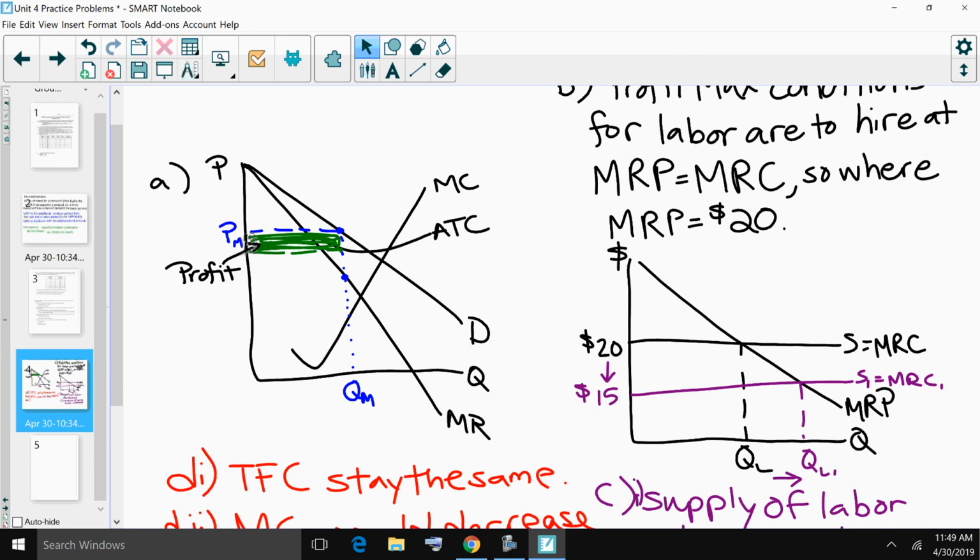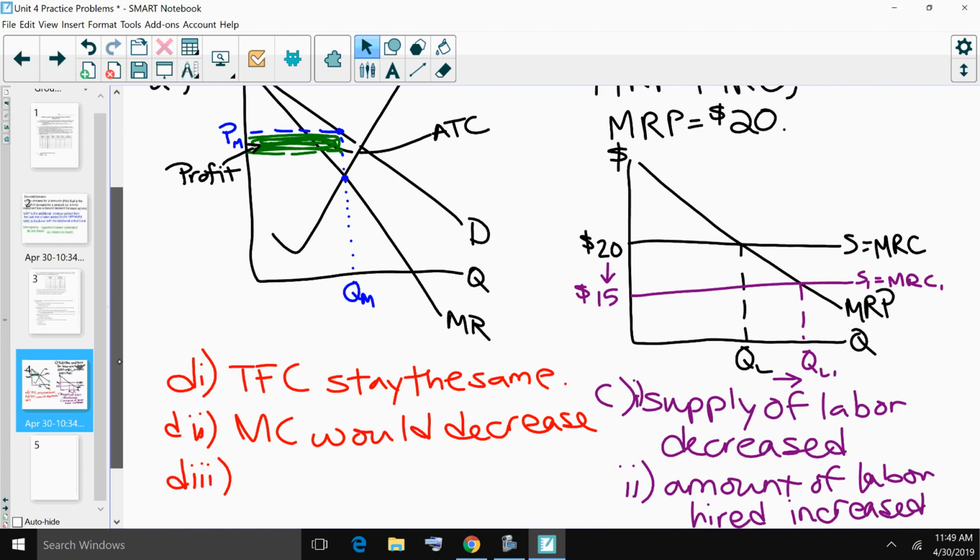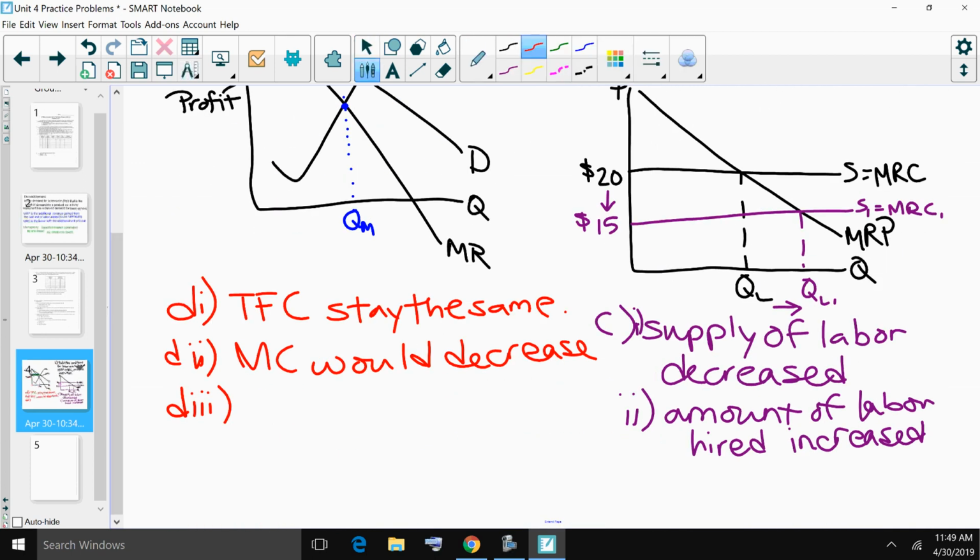That means we would have a lower price because at this new MR equals MC point, our price would be lower. Okay, so the price of the product would go down. I'm going to try and put this back where it was to start so I don't mess everybody up, but you can kind of get an idea of how I found that answer. Okay. So now I know that my price would decrease.